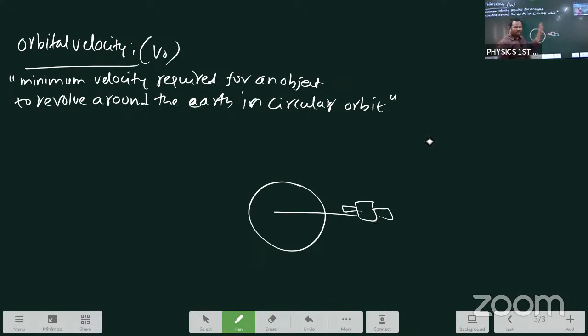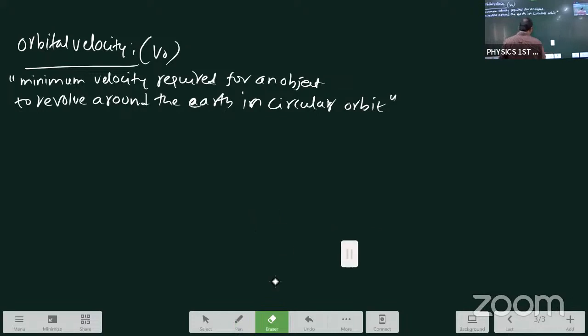Minimum horizontal velocity required for a satellite to revolve around the earth, in the gravitational field, in circular orbit. This definition and that definition have almost the same meaning: the minimum velocity required for an object to revolve around the earth in circular orbit.